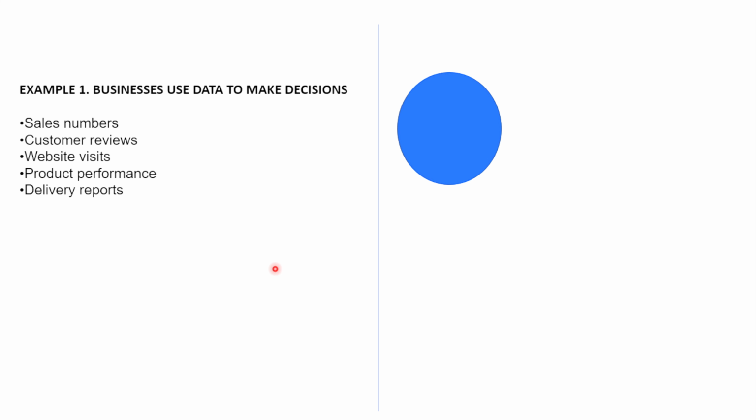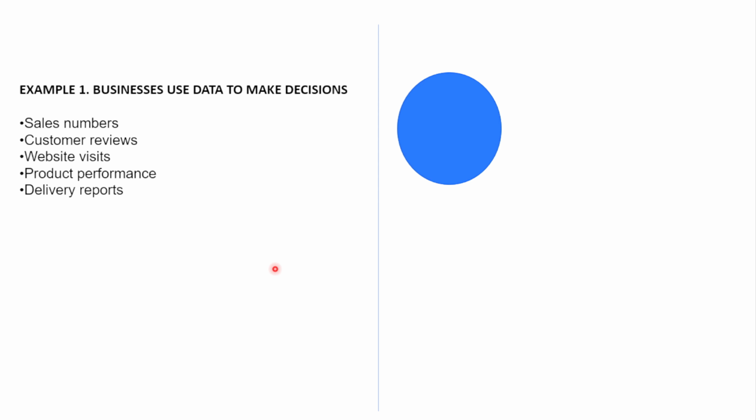Businesses use data to make decisions. We are looking at an example. Businesses collect huge amounts of data every day. They collect customers' purchases, website visits, sales records, product views, and many other kinds of data.